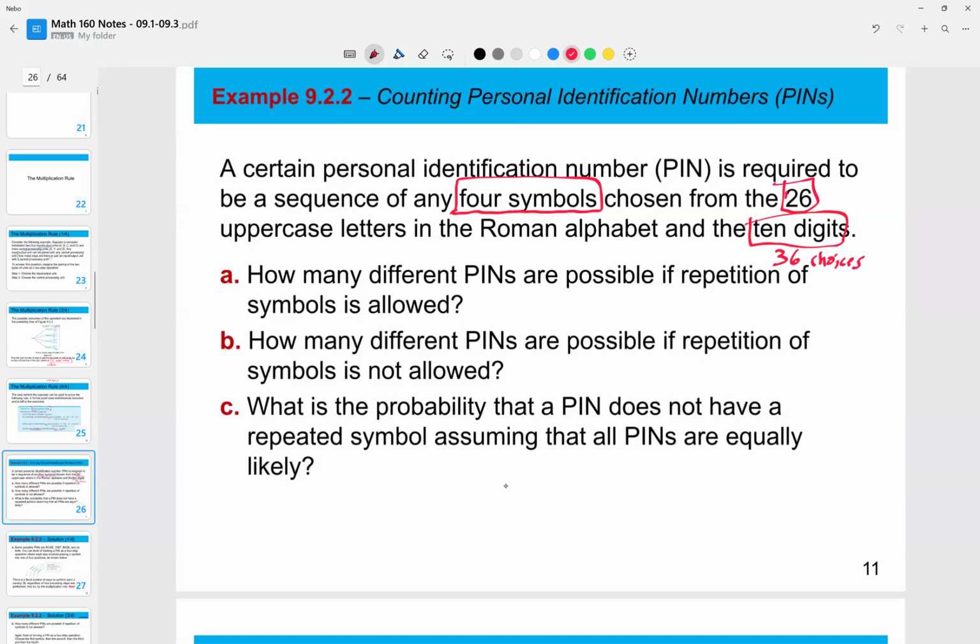So how many different pins are possible? Well, each one you're allowed to have 36 choices. So I have 36 here, 36 here, 36 here, and 36 here. The answer here would just be 36 to the fourth. That's the total number of possible choices.